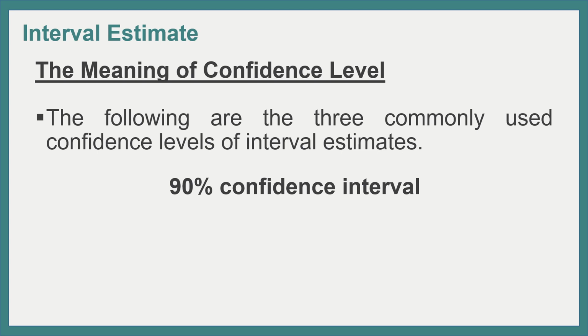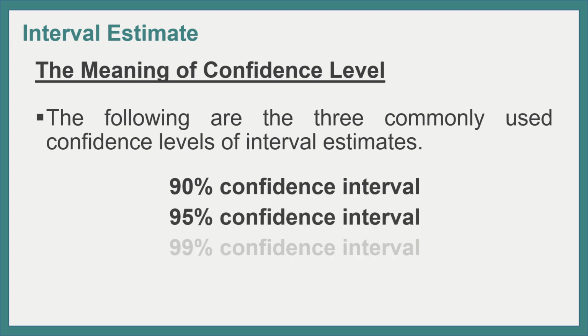There are three commonly used confidence levels of interval estimates. We have the 90% confidence level, 95% confidence level, and 99% confidence level. Therefore, we term them the 90% confidence interval, 95% confidence interval, and 99% confidence interval estimate.